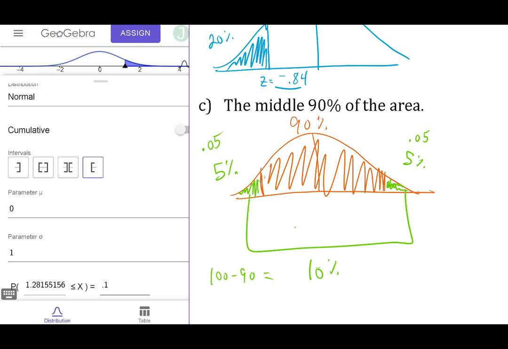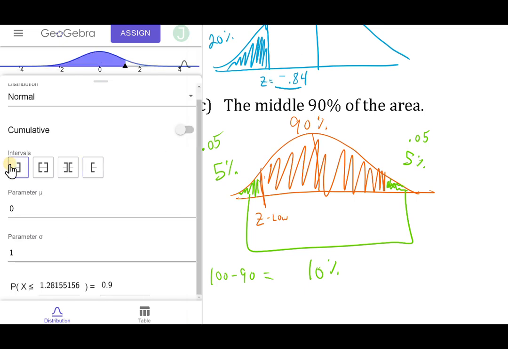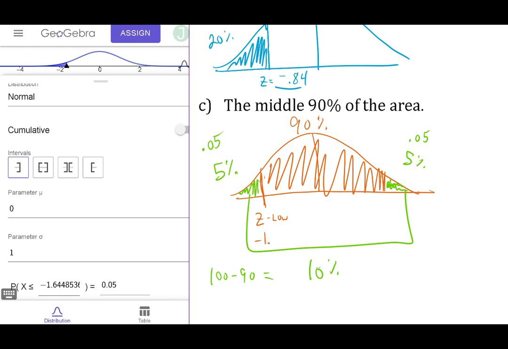Well, if I wanted to find the lower z-score, again, if we're trying to find the middle, we're trying to find between two values. The lower z-score will have an area to the left of 0.05. That will give me a lower z-score of negative 1.64 or negative 1.645.